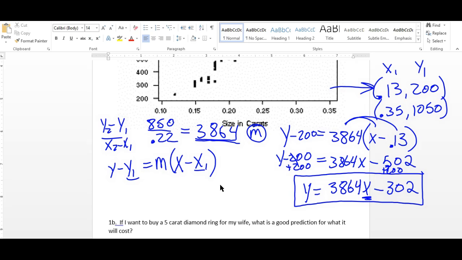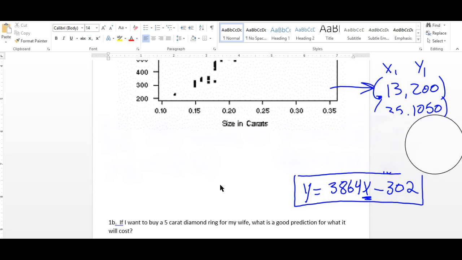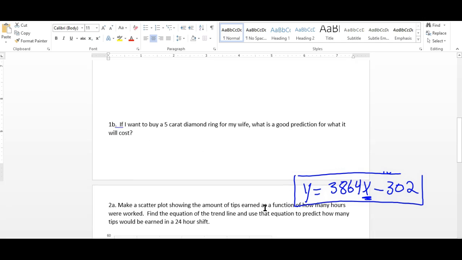Well, the equation is all I need, so I'm going to erase everything else. I'm going to take this equation, 3864 times 5 carats minus 302, and then calculate that.